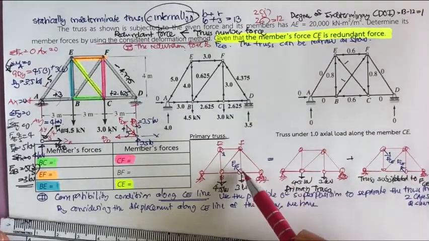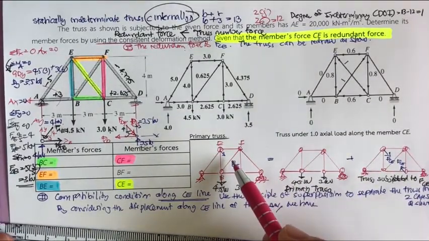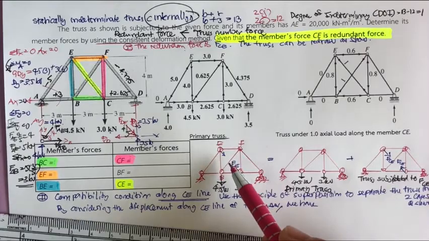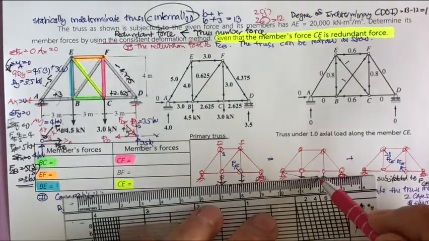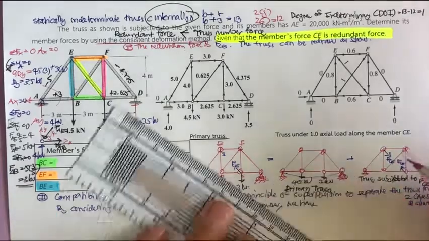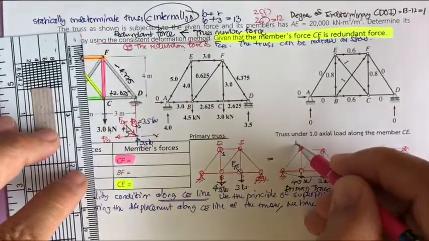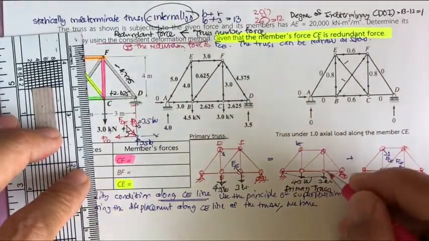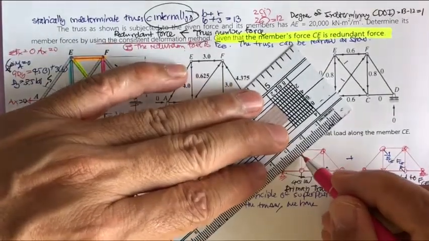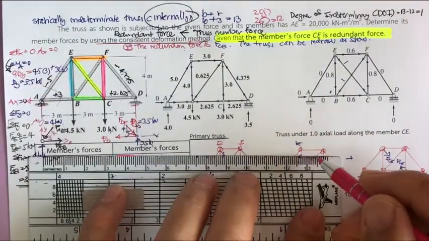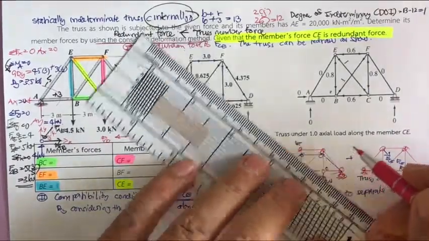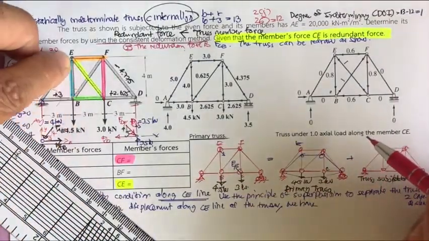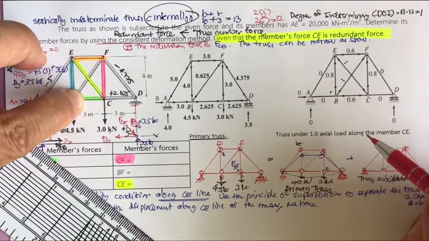Under the application force, this one will have some deformation, okay, but this one may also have their own deformation. The point E and C will change, okay, its length. Usually it is 4 and 3, that is 5.